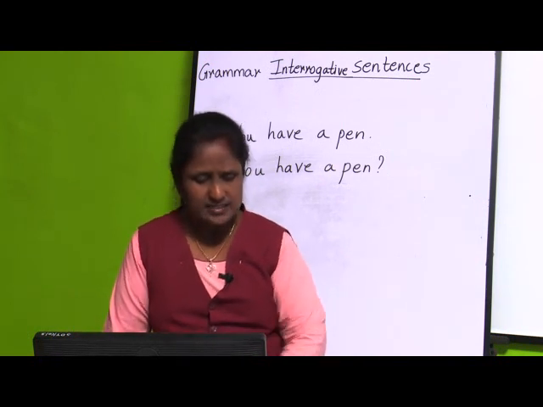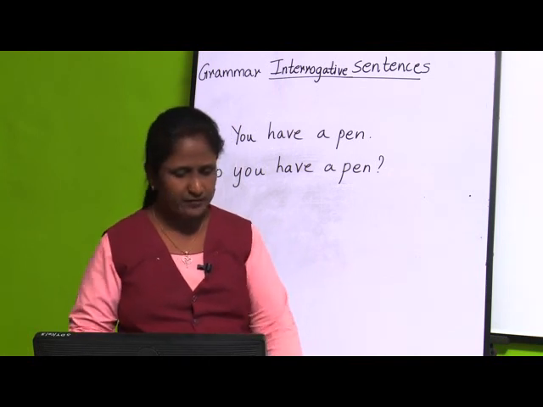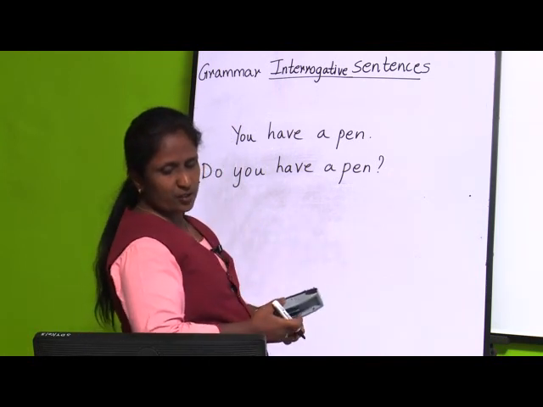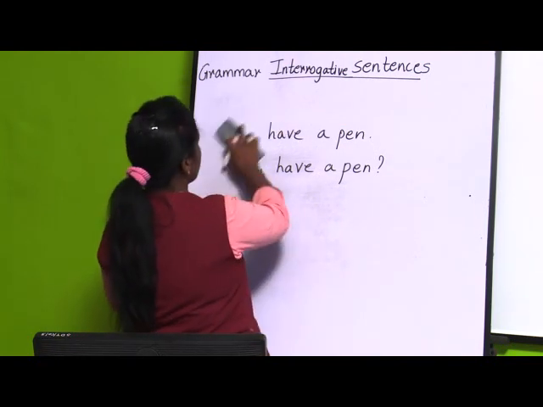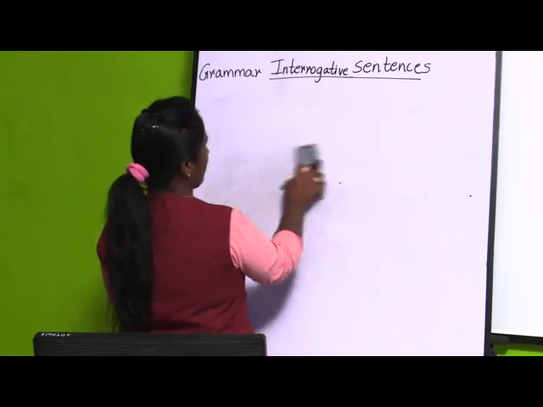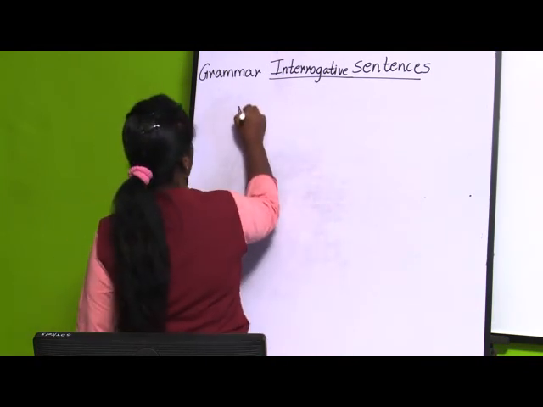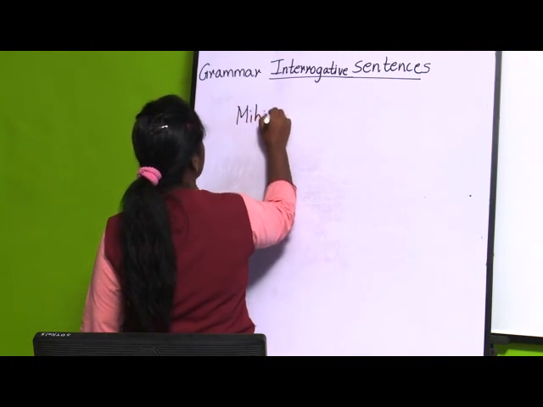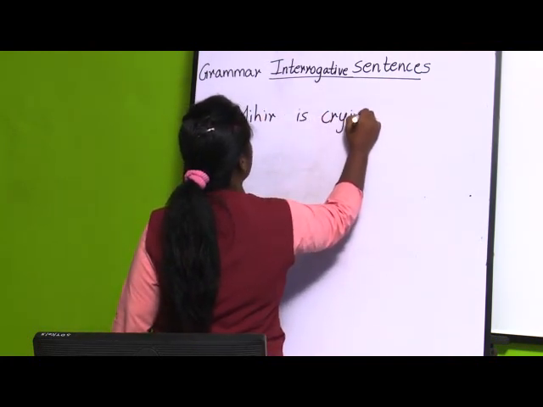Now when a sentence has verbs made up of more than one word, we put the first word of the verb at the beginning of the sentence. Now if I take one sentence, "Mihir is crying." How are you going to form the interrogative sentence?